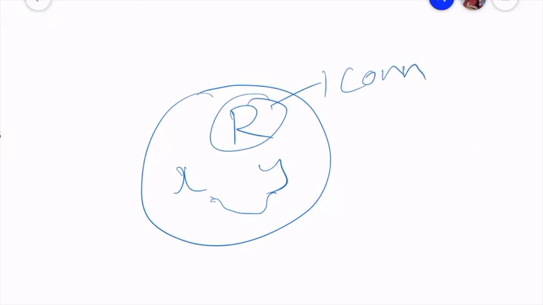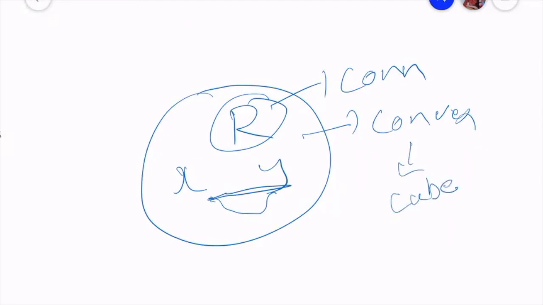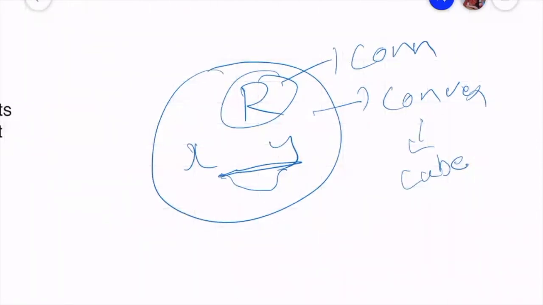If there is a path which is a straight line, then we say this region is a convex region. An example of a convex region is a cube. For ease, in this theorem we are going to prove that R of L is convex, because convexity is a special case of connectivity.